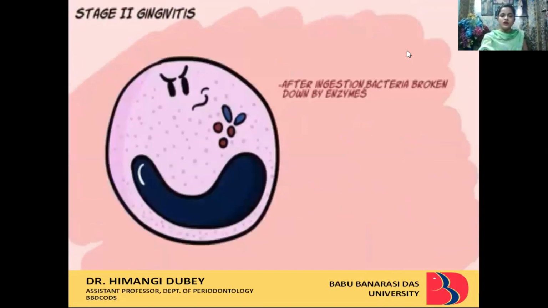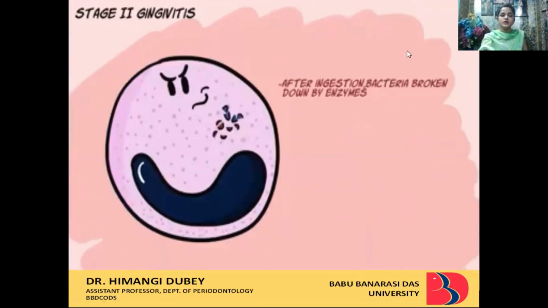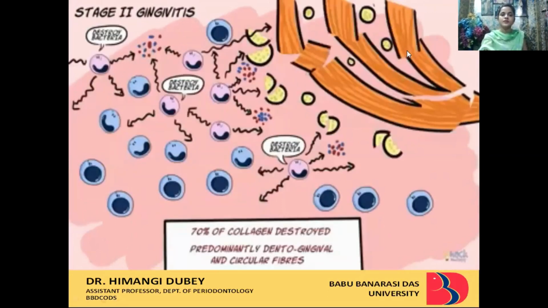On ingestion of bacteria, leukocytes produce numerous enzymes and free radicals to degrade bacterial agents. However, the enzymes are also released extracellularly, causing damage to surrounding tissues, especially vascular tissues and collagen. As a result, 70% of collagen is damaged, predominantly the circular and dentogingival fibers.